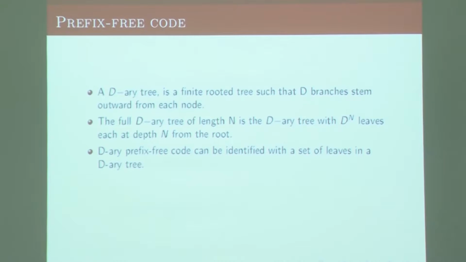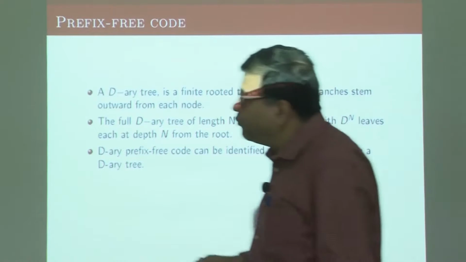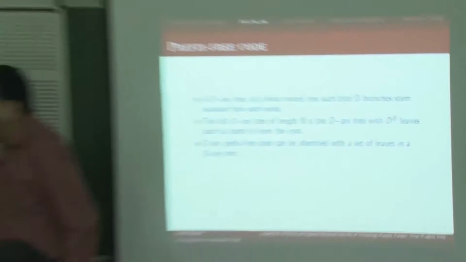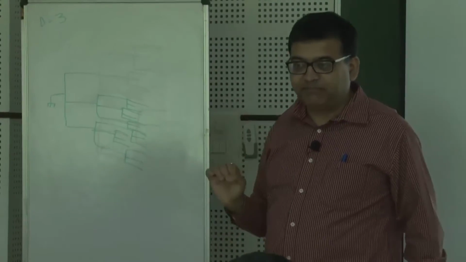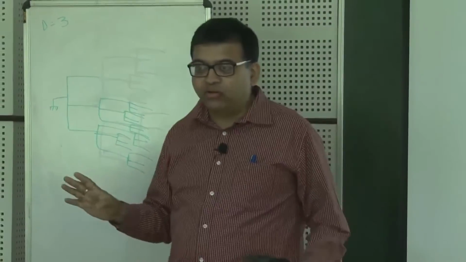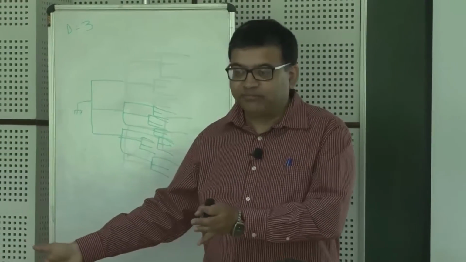So, if you have a D-ary prefix free code, we can identify it by a set of leaves in a D-ary tree. Why is this so? From the root to the leaf, there is a unique path, correct? Now, in a prefix-free code, no code word is part of any other code word, correct?